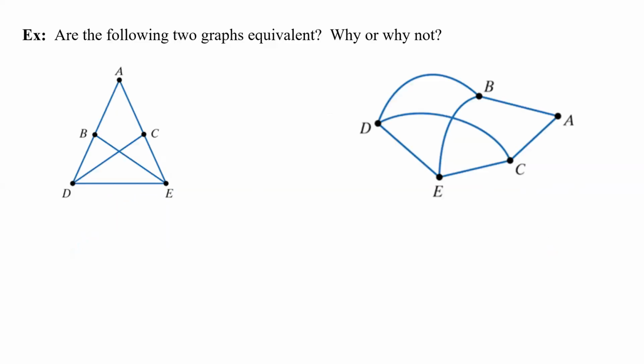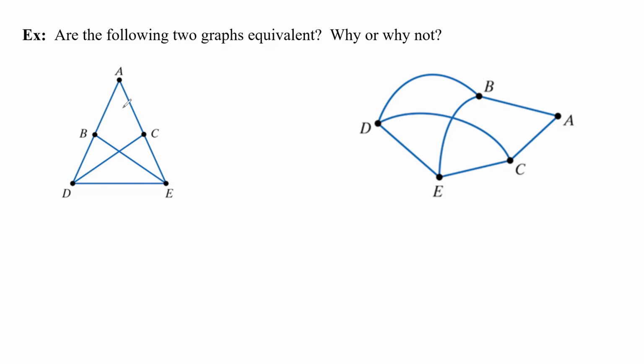So now let's do one for us and see, are these two graphs equivalent? All right, so let's draw on here. We have one, two, three, four, five different vertices here, and here we have one, two, three, four, five different vertices. So that's good.